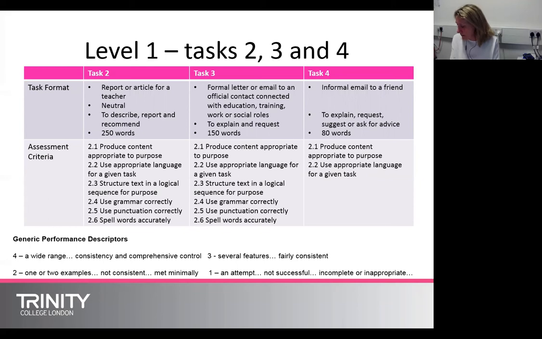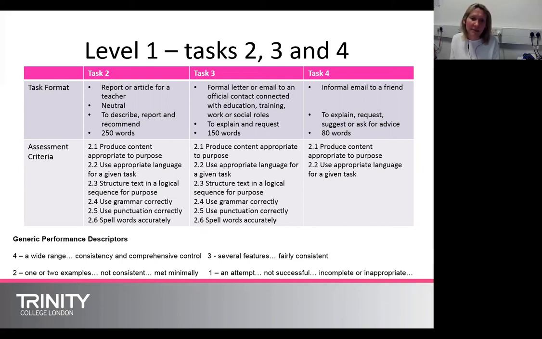The structure in a logical sequence for purpose is assessed in task 2 and task 3. 2.4, the grammar criterion, is assessed in task 2 and task 3, but not in task 4. Punctuation is assessed in task 2 and task 3, but not in task 4.